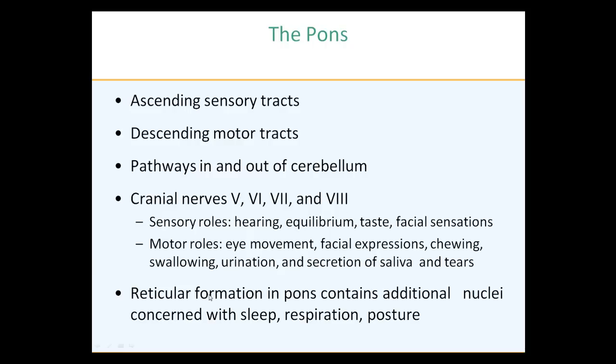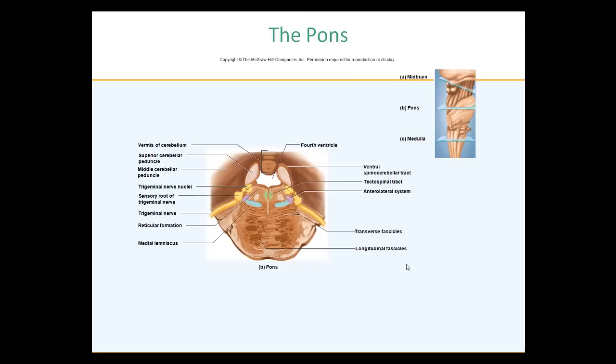Now the reticular formation, if you remember, some of it was in the medulla oblongata, but some is also associated here with the pons, and we will talk in greater detail about the function of those in a very short bit.